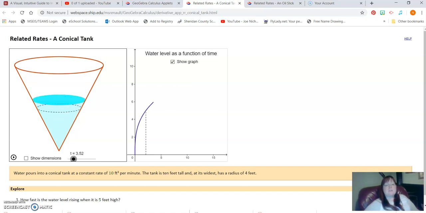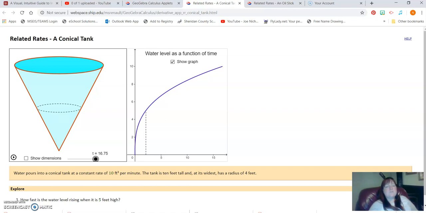But as it gets bigger, the water level rises less quickly because it has a bigger radius, so it takes longer to fill up. So basically what we would do is find the rate of change of the volume with respect to time, by finding also the rate of change of the radius and the rate of change of the height and things like that.